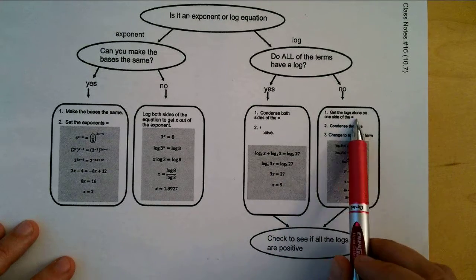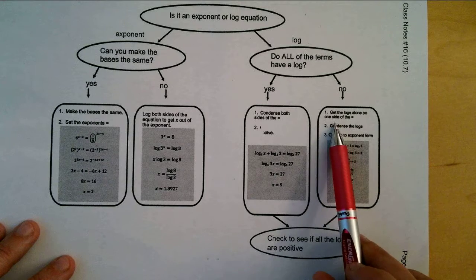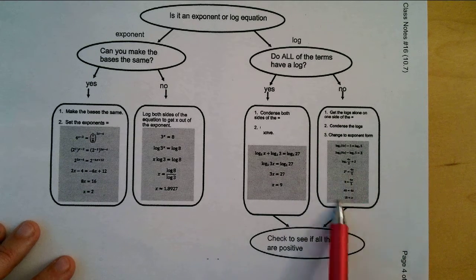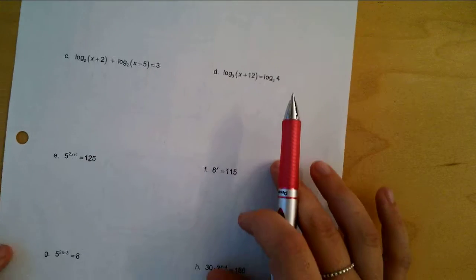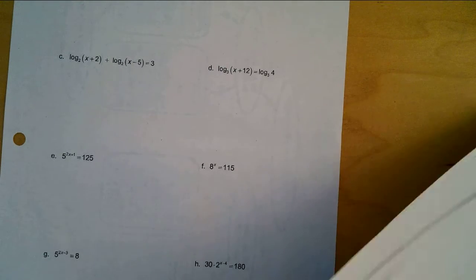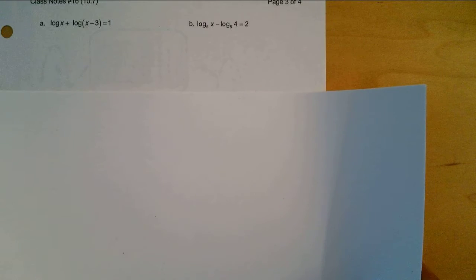And then if they don't all have logarithms, we want to consider getting the logarithm alone so that we can use the inverse, which is that whole process of how we solved in the last few examples. Okay, so we might need more paper for this, and that's okay. I have extra scrap paper. So you might get out some extra scrap paper, and we'll do these one at a time.